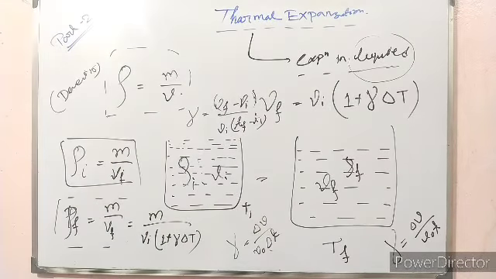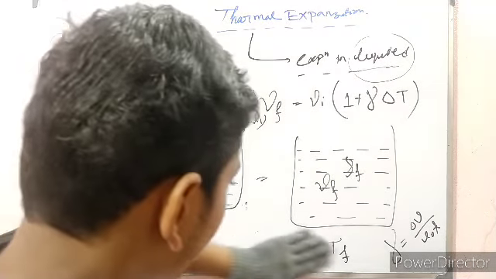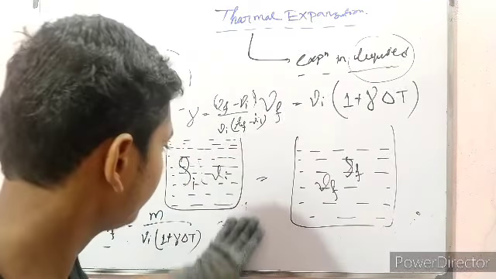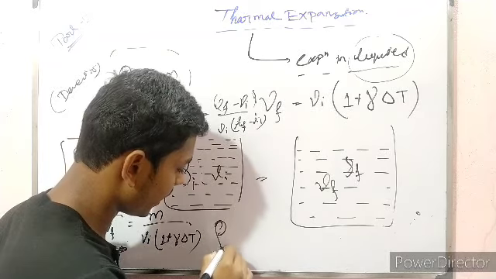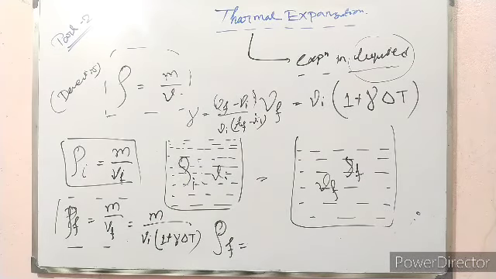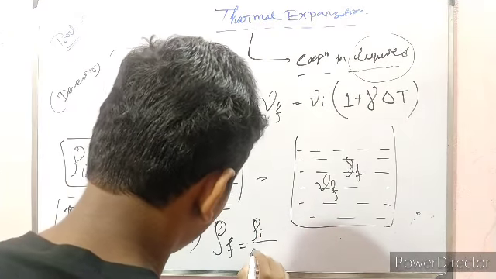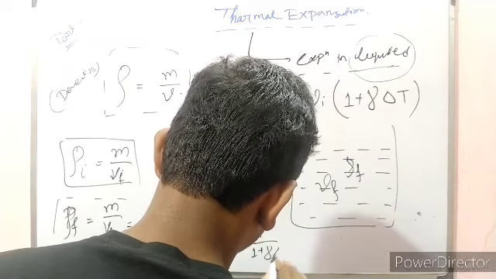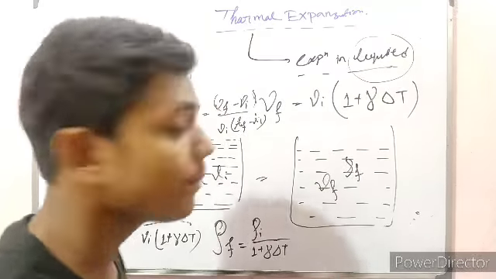Now, rho final is equal to rho initial by 1 plus gamma delta T. I hope it's clear.